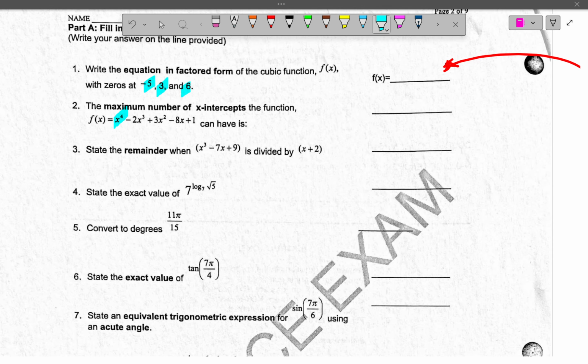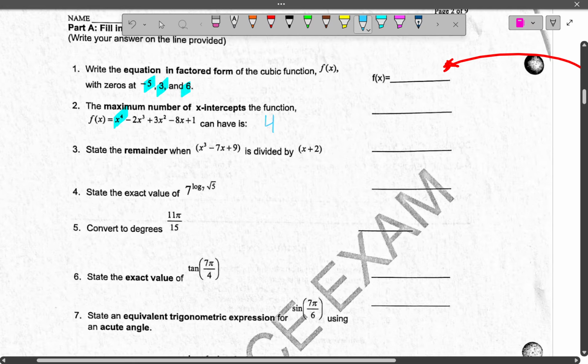Very simply, the answer to questions like these is to take a look at the highest degree, and that's going to give you your answer. The highest degree of this polynomial is 4. I'm sorry, the maximum number of x-intercepts has to be 4, and that's going to be your final answer here. So we can just put 4.